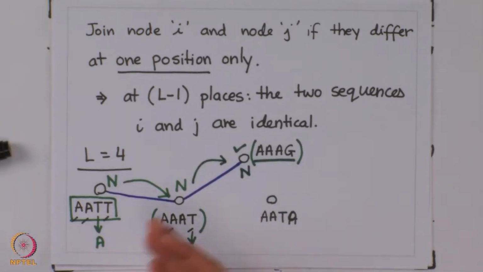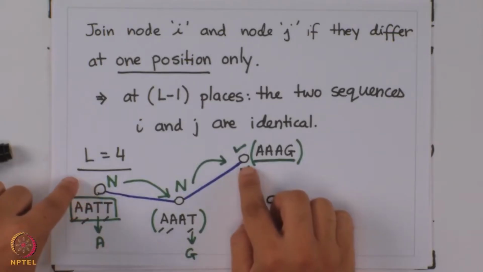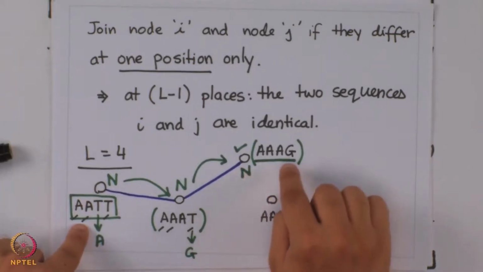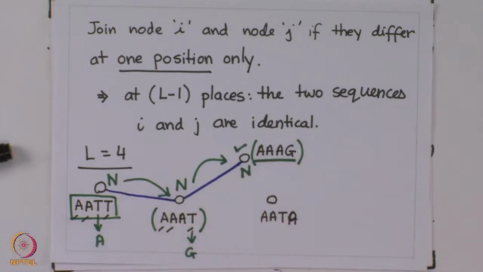So you have movement of populations taking place on this graph where each sequence is represented by a node, and nodes are connected if you can go from one sequence to another via a single point mutation. In our case, this node and this node are not connected because you cannot have a single point mutation occur to this sequence and automatically reach this sequence. You need to go through an intermediate sequence and hence approach that one. Right? That is the first thing that we want to understand while we go towards understanding fitness landscapes.